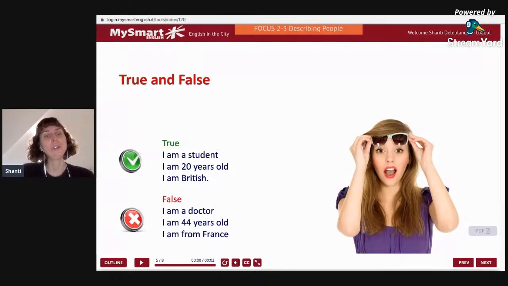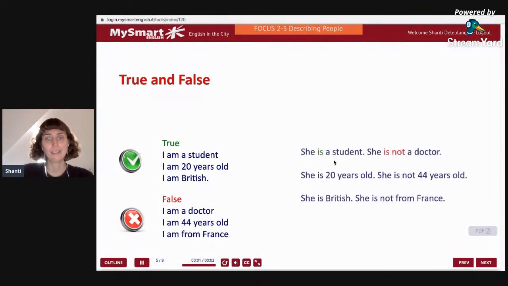So I'm not a doctor. I am not 44 years old. I am not from France. Yeah, this is the negative. I am is for the first person, so I. But if we talk about a different person, she, for example, she is a student.